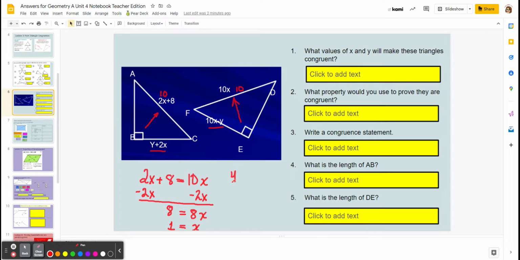Again, make them equal to each other. Y plus 2x equals 10x minus y. Notice we did find out what x is. X is 1. So I can put that into my equation here.